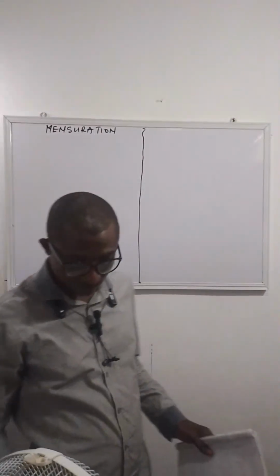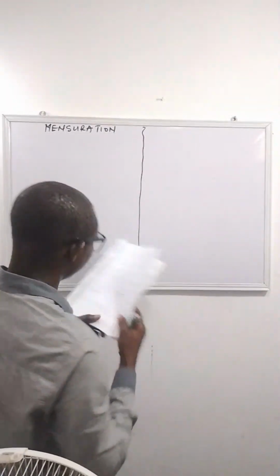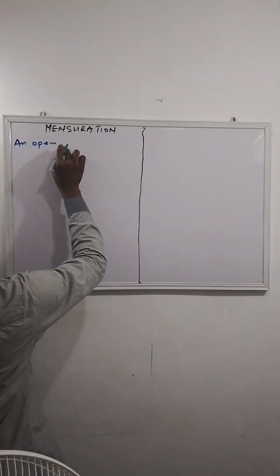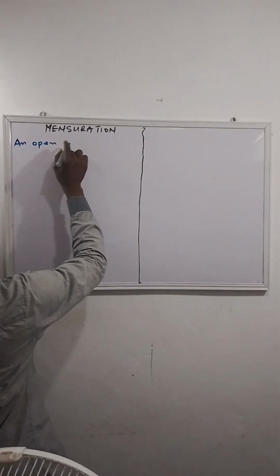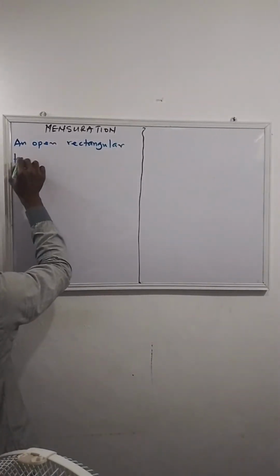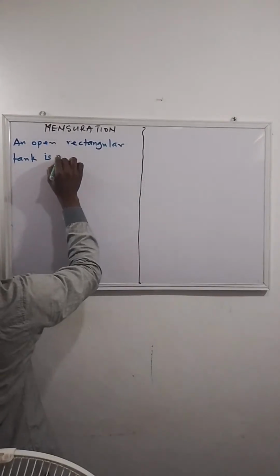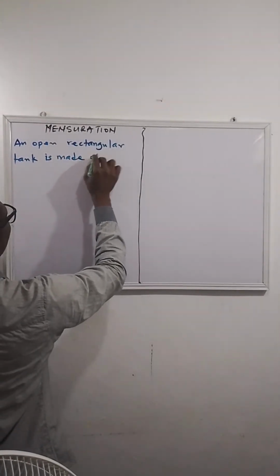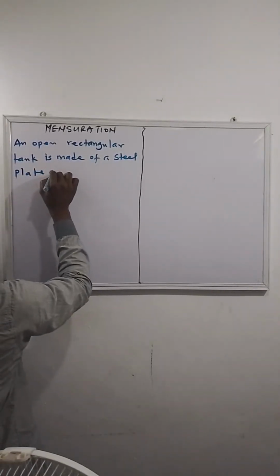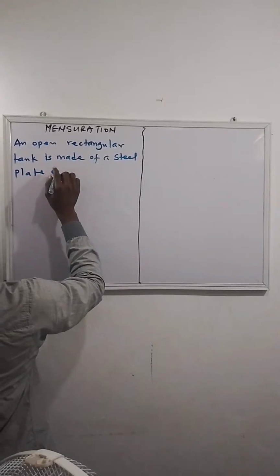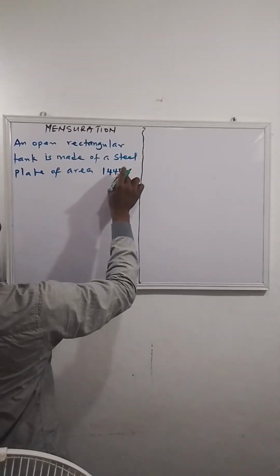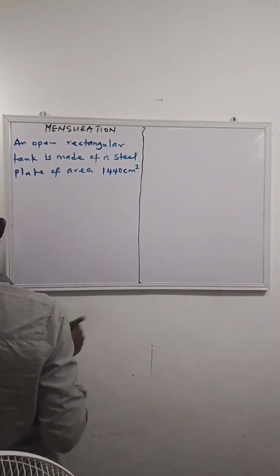Okay, now let's look at another question here. An open rectangular tank is made of a steel plate of area 1,440 centimeters square.